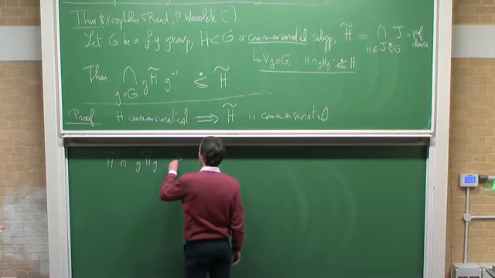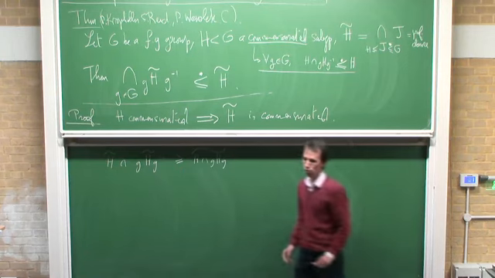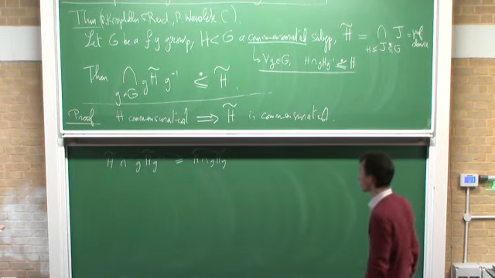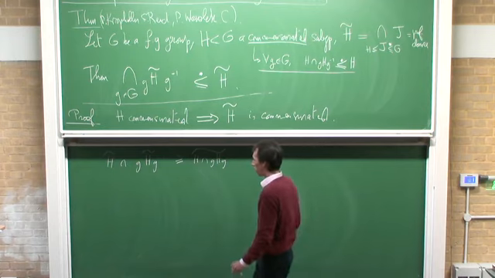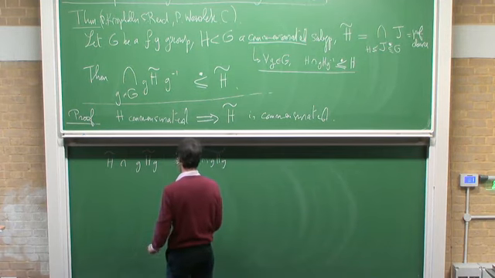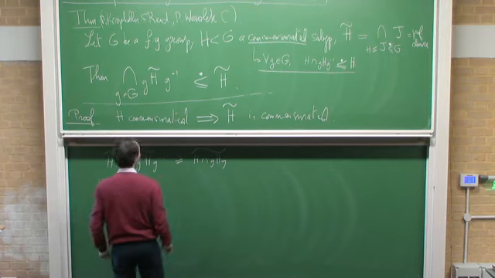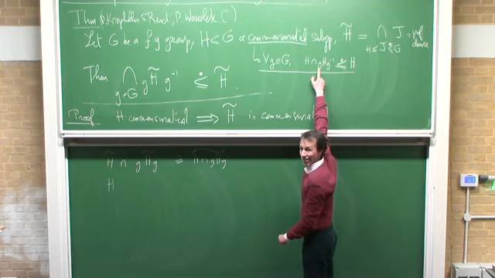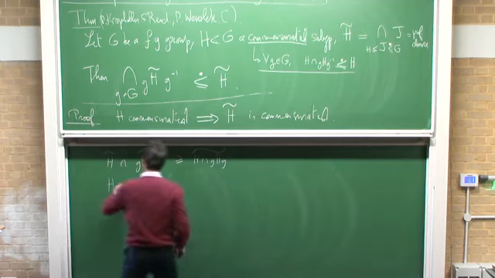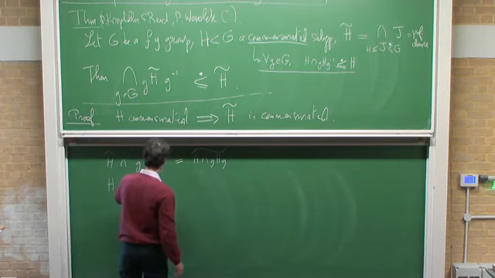So it's closed, and so it certainly contains the profinite closure of that. Okay, but now, we know that H is covered by finitely many cosets of this, right? So the index of this is finite.